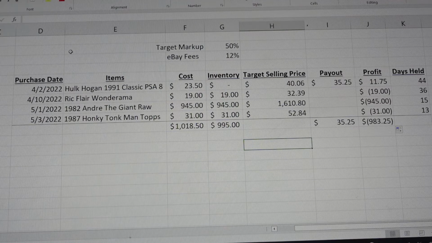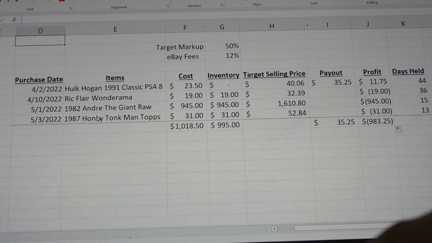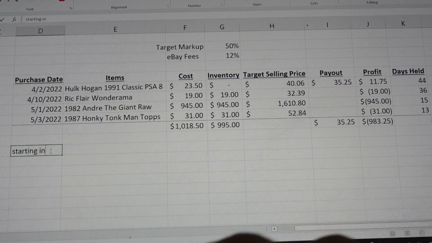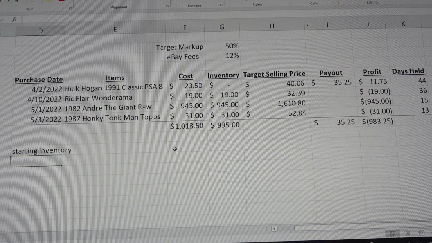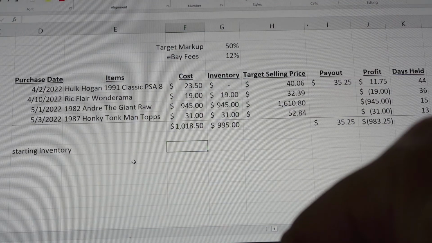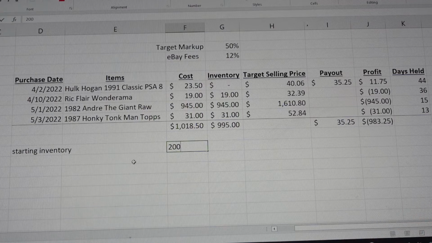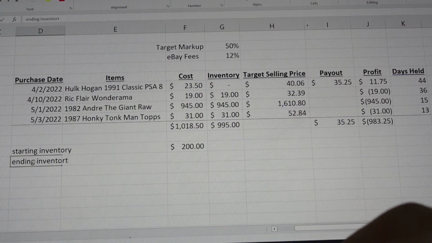And let's say that, you know, your starting inventory, I'll put it down here. The beginning of a year using this was $200.